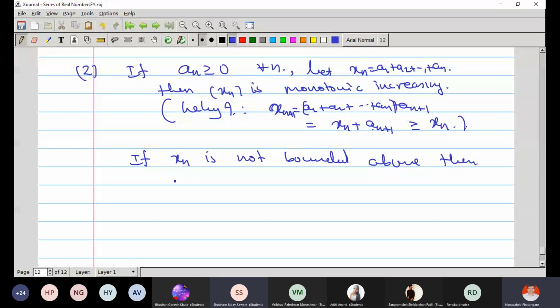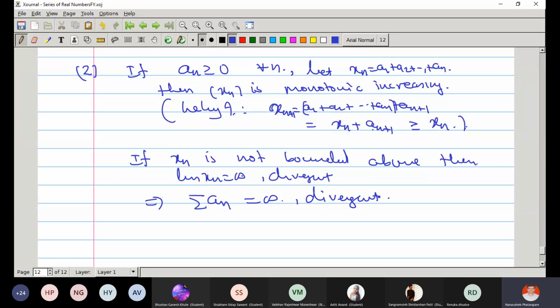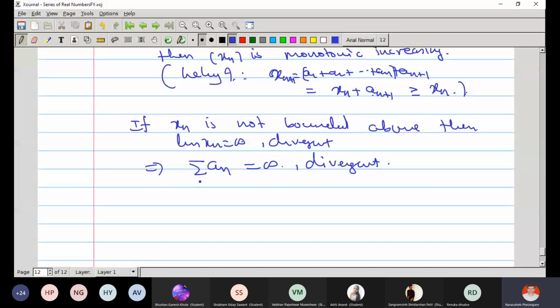We are looking at a sequence here. If x_n is monotonic increasing and not bounded above, then the limit of x_n is infinite, so divergent, right? And therefore, what about the series a_n? Actually infinite, right? That means the series will be divergent. So that is a simple observation from sequences, right?